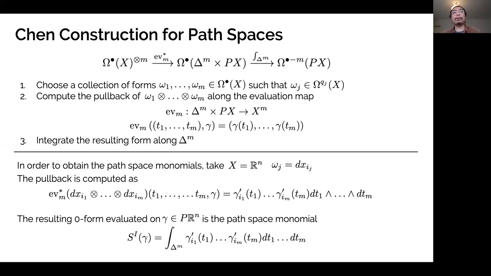And so this is the motivation behind trying to use Chen's iterated integral cochain construction to get some definition of mapping space monomials from higher dimensional domains.